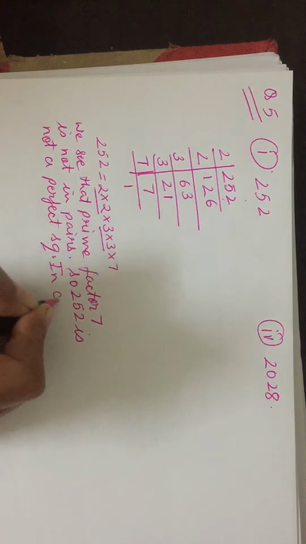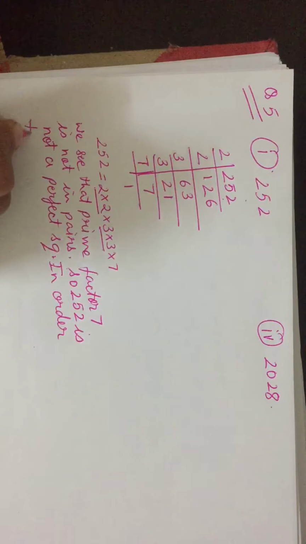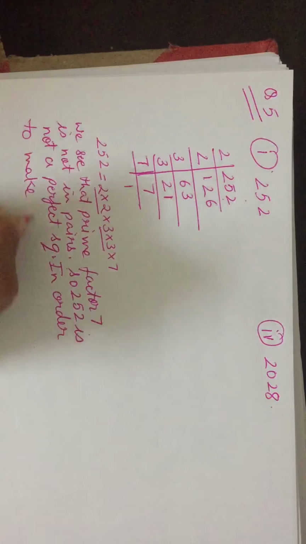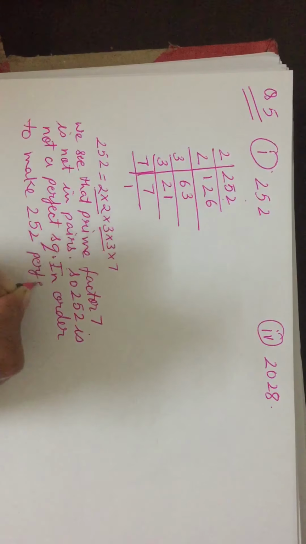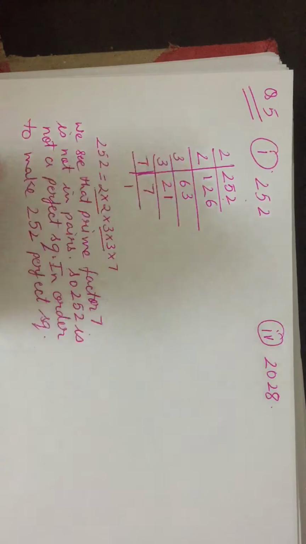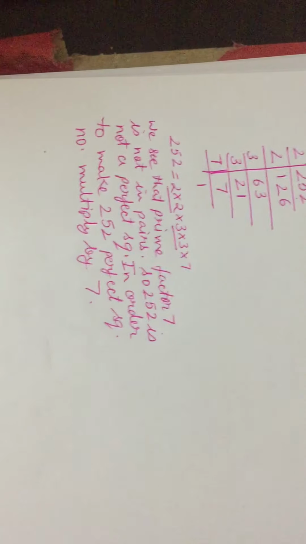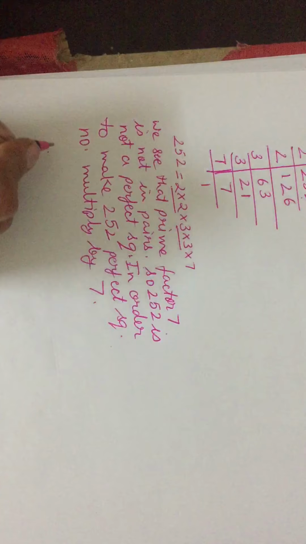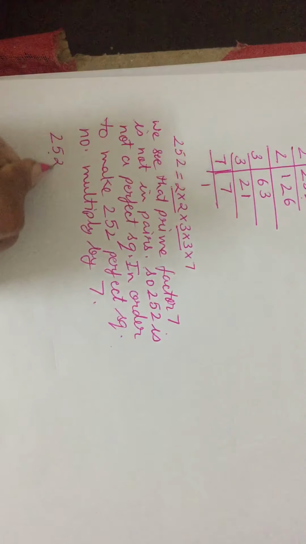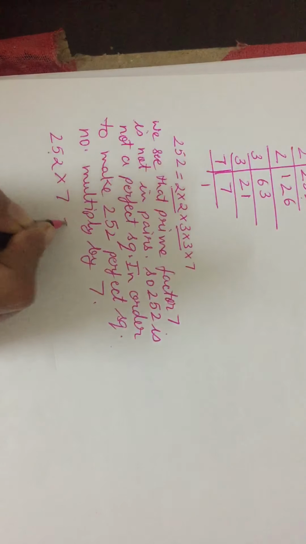So in order to make 252 a perfect square number, multiply by 7. By which number will we multiply? By 7. So 252 multiplied by 7.